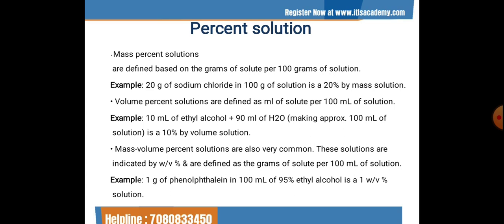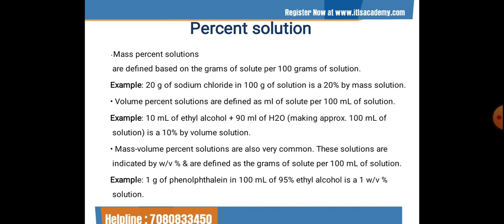That is the volume by volume percent, meaning you have to use 70% alcohol plus 30% water, that will make 100 ml. By adding both of these you can make a 70% volume by volume alcohol concentration.